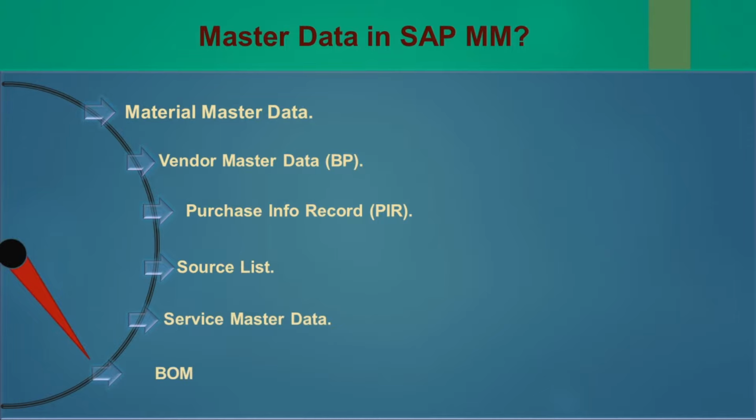BOM is nothing but the bill of material, which is the combination of all small materials required to produce one bigger material. And in BOM all details of those small materials are maintained. So that's why we say bill of material or BOM. So next we will start with the material master data. That is our first topic.